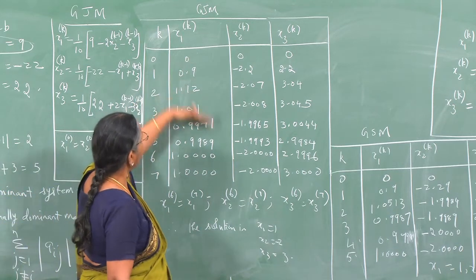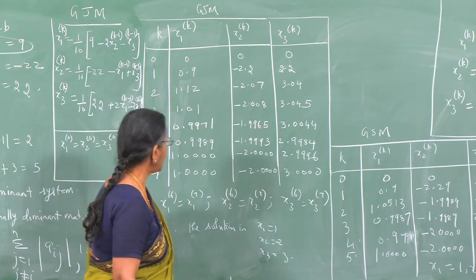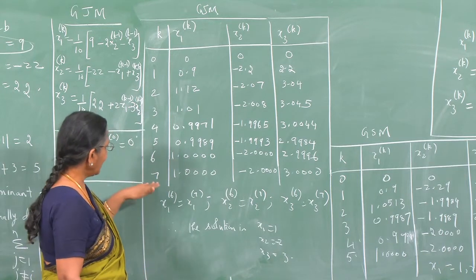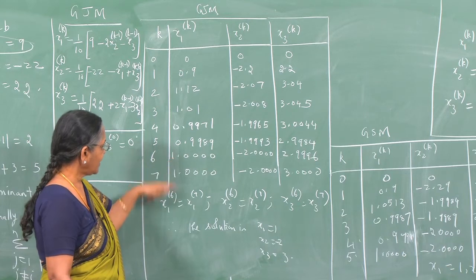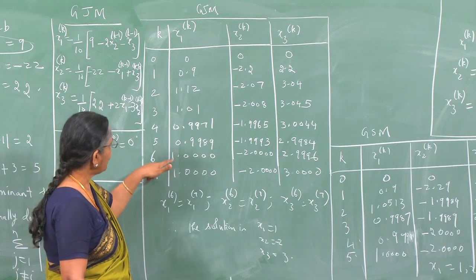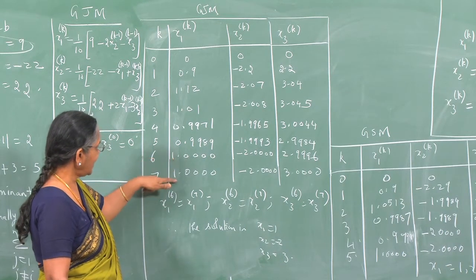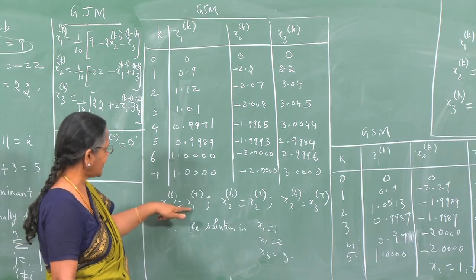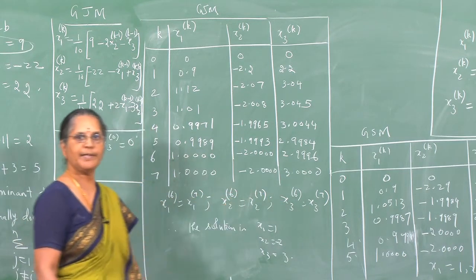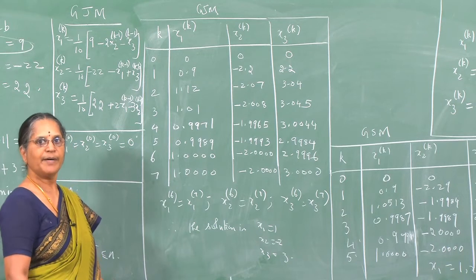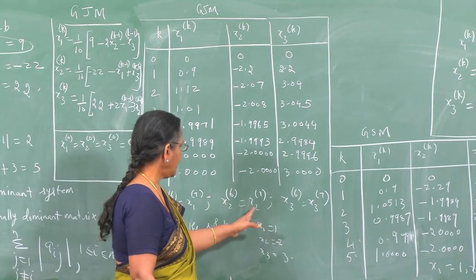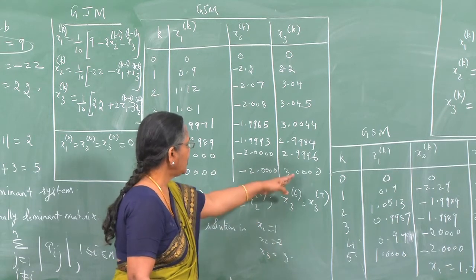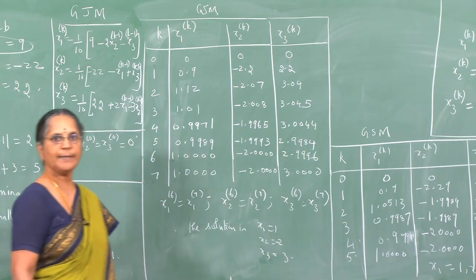When we perform our computations, we see that at the end of 7th iteration, we notice that the solution obtained at the 6th iteration and the 7th iteration are the same for all the 3 variables. So, I stop my computations and take the solution as x1 equal to 1, x2 equal to minus 2 and x3 equal to 3.